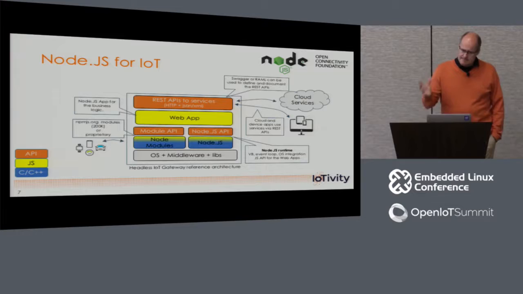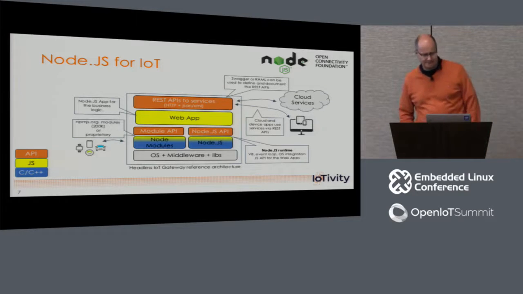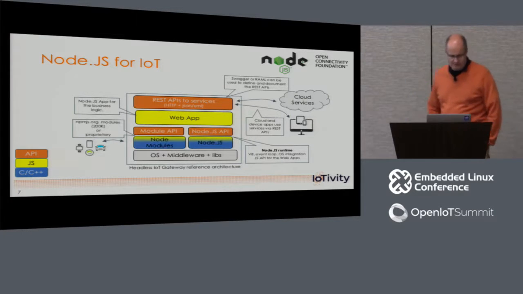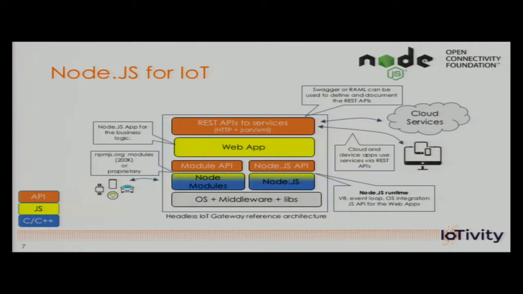So this is a high-level reference architecture for a headless IoT gateway, if you will. What you have in the middle, in the box, is obviously the OS and the middleware and the normal libraries, and then you run Node.js there.